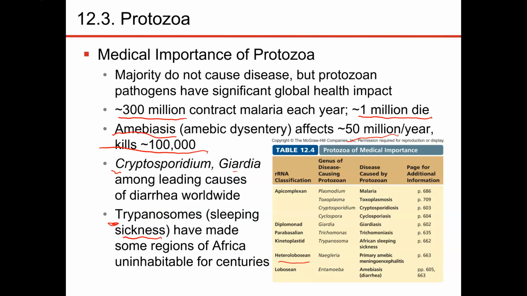You've heard of them, Naegleria fowleri, which is the organism that, if you're in warm, fresh water and you put your head underwater, can swim up your nasal passageway and go through the olfactory epithelium, get to your brain, and then it basically eats your brain. This is what causes primary amoebic meningoencephalitis. This is a very serious disease.